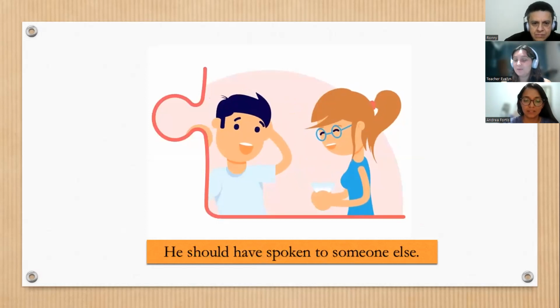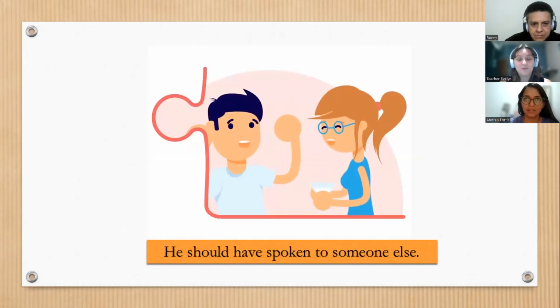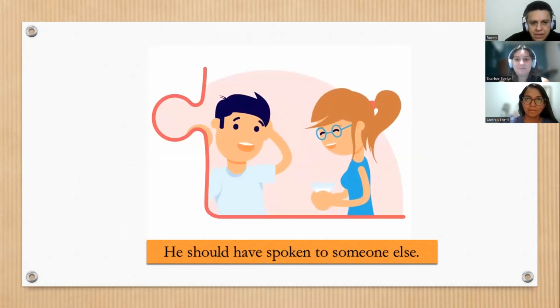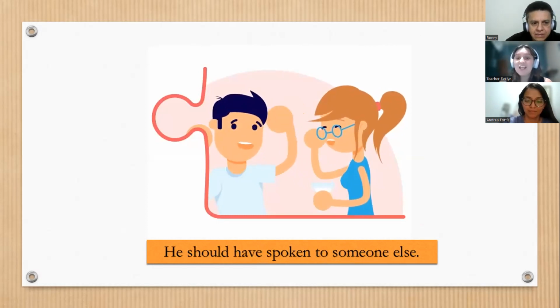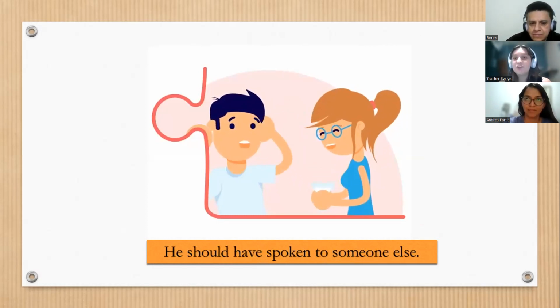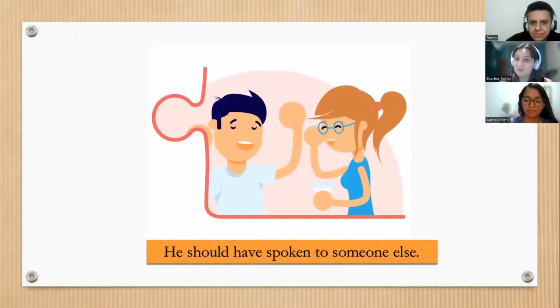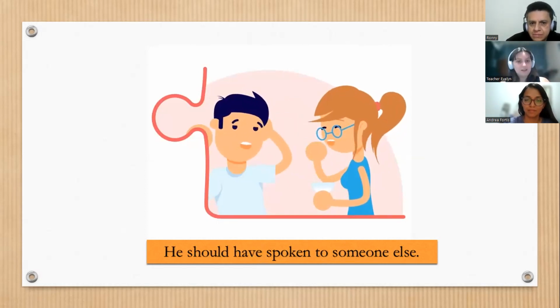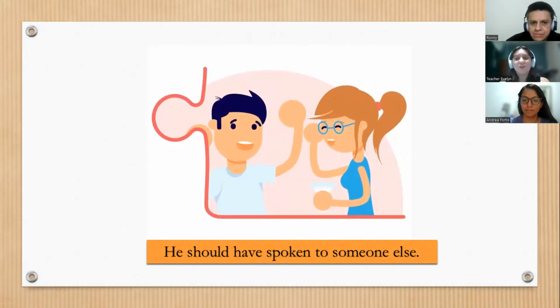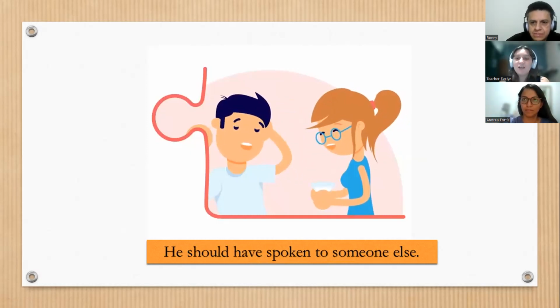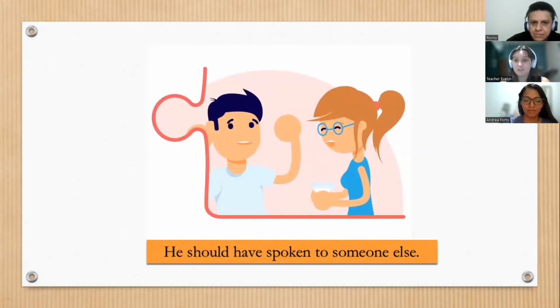Okay, pretty nice. Let's see another example. In this example, we are going to use should, okay? So Ronnie, can you help me with this example, please? He should have spoken to someone else. Yes, he should have spoken to someone else. So we have the subject. Now we have should. We don't have would. Remember that should is used for a suggestion, right?